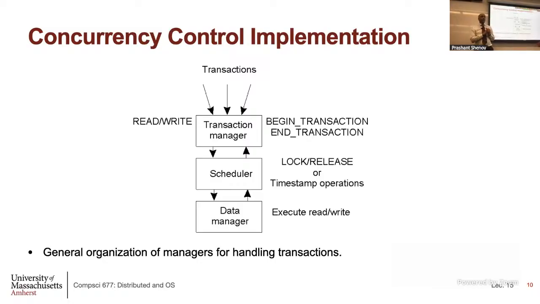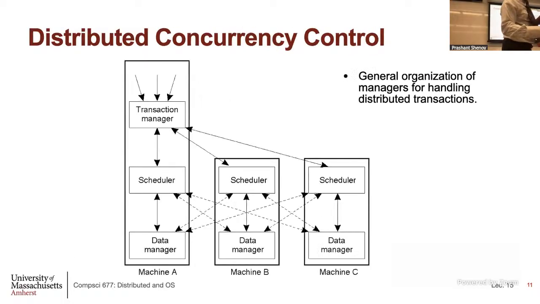Yes, your question. How do you deal with it when the database is replicated or distributed? So here is an example of what you are asking. Let's say this is a 3-machine database. It's either distributed or replicated. Your transaction manager is going to sit at the top, okay? And then it has to grab locks on data on multiple machines. So in your example, where you said, what if the data is replicated?